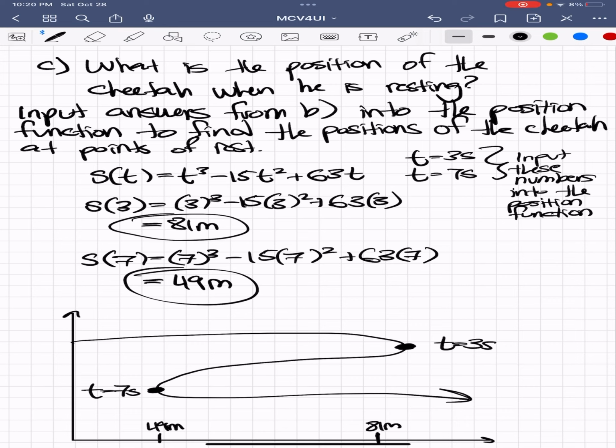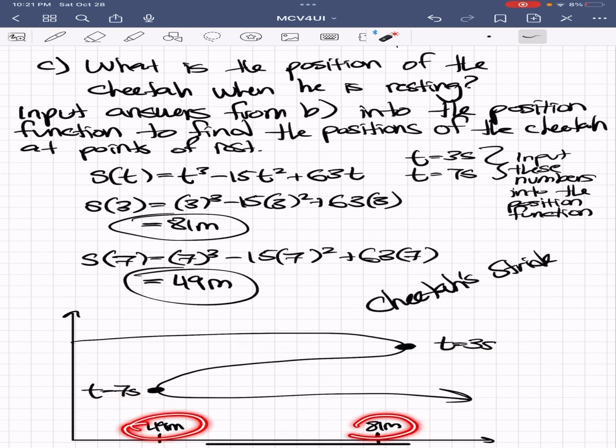And then again, this is the cheetah's stride. So we added to the diagram with the parts from B and the parts from C. So now we have this information and we put it into a diagram of the cheetah's stride.